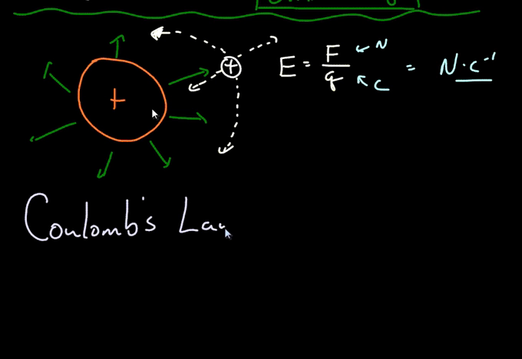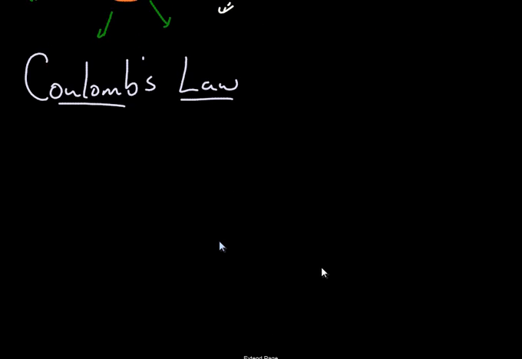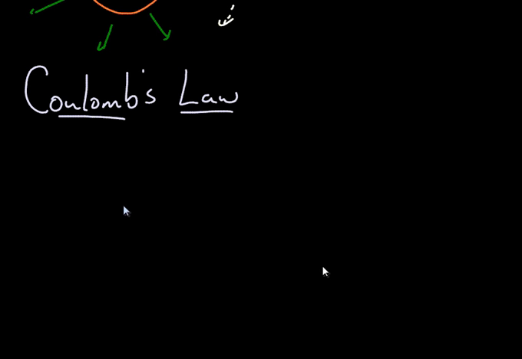Coulomb's Law is going to look a little bit familiar to you. It looks like this. This is a quantification of the amount of force two charges placed r apart will experience, depending on the size of the charges.